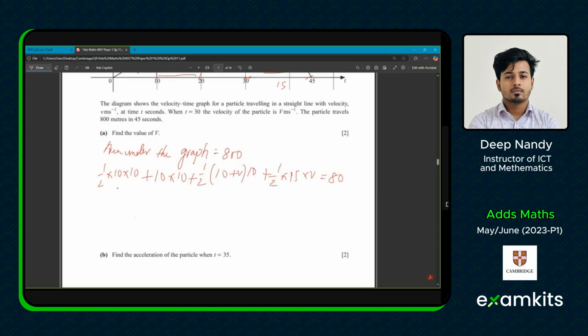Solving this: 100 by 2 plus (100 plus 10v) divided by 2 plus 15v by 2 equals 800. If we solve this equation, we get v equals 48.